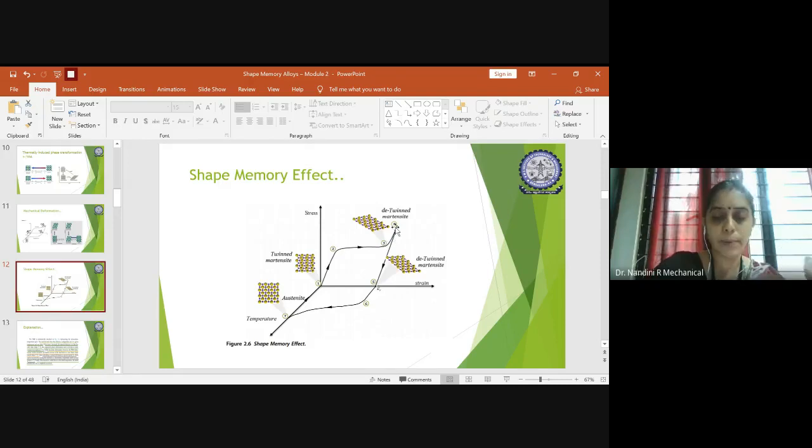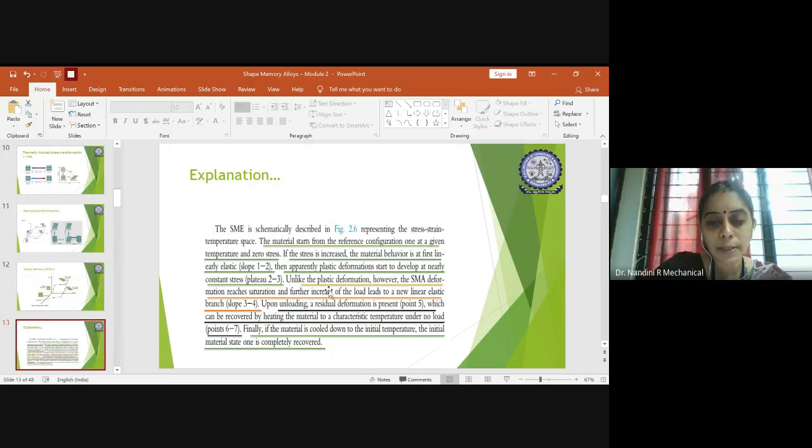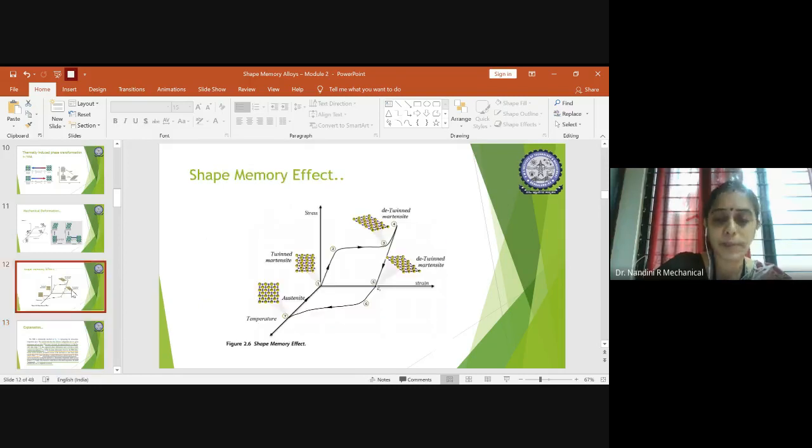Due to this high temperature, deformation comes into picture and there will be change in the structure of martensite, and hence we call it detwinned martensite. And one thing you have to understand about that particular point, if you still increase the temperature, then the linear elastic branch gets formed.